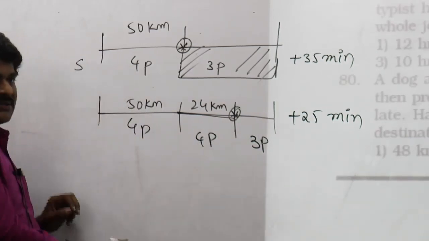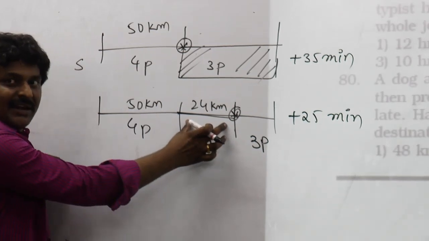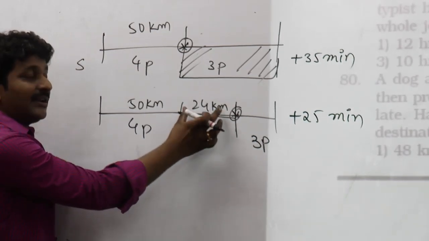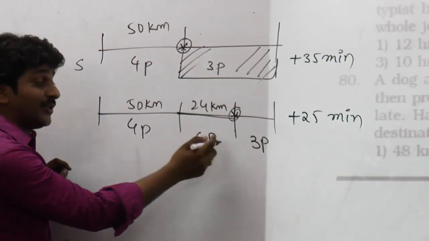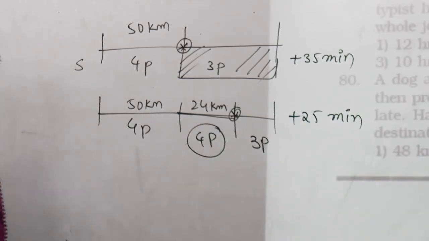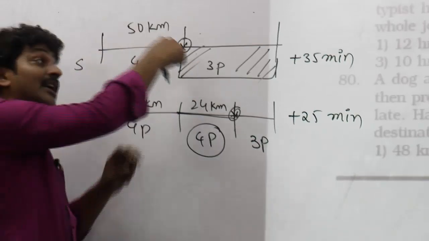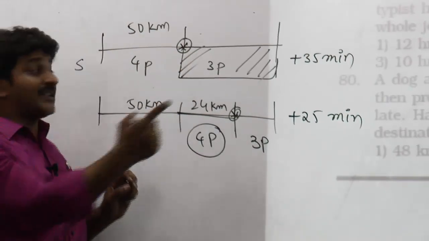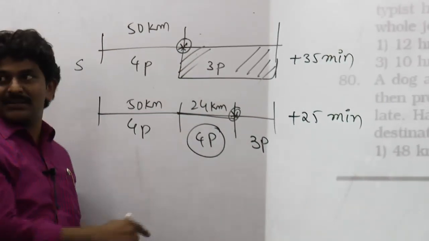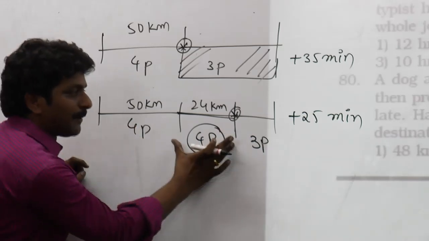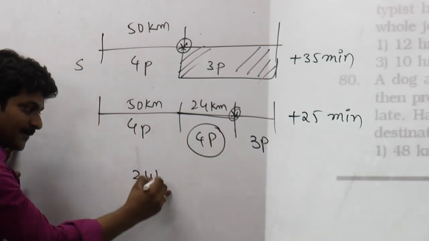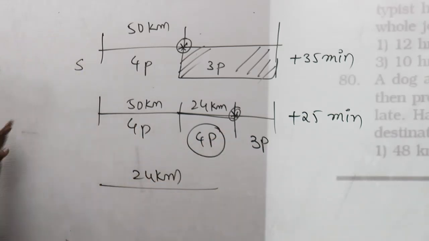In first case, he is taking 10 minutes extra than the second case, and that is because of 24 kilometers. Here in second case, he covered 24 kilometers with usual speed, that is 4 parts, and in first case he covered those 24 kilometers with the speed of 3 parts. So for this particular 24 kilometers, I am talking about only 24 kilometers.